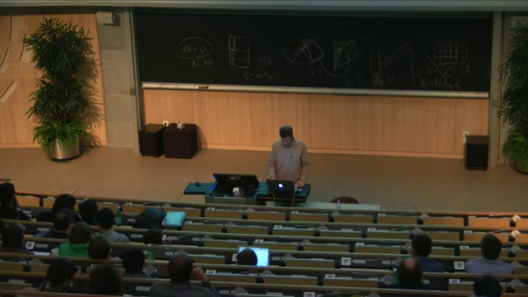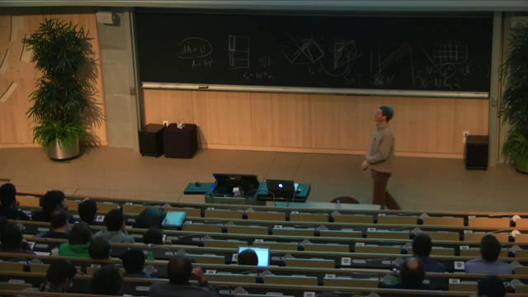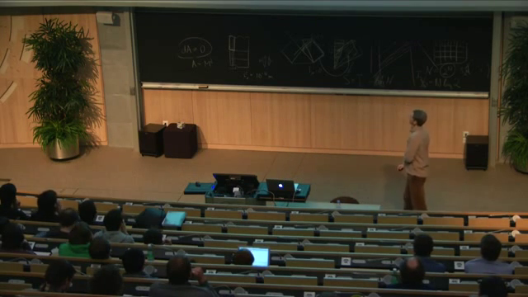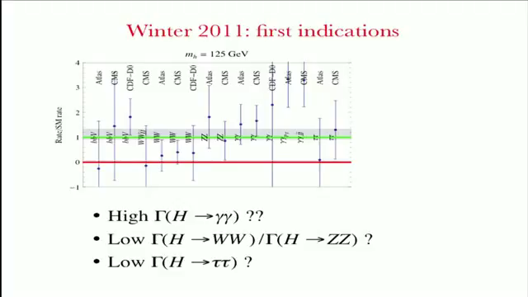So the story of the discovery of the Higgs boson is very recent. In winter of 2011, we had the first indications. Experimentalists could not call it a discovery because we didn't have the famous 5 sigma required by law, but theorists are lawless, and so they already understood that the discovery was there.